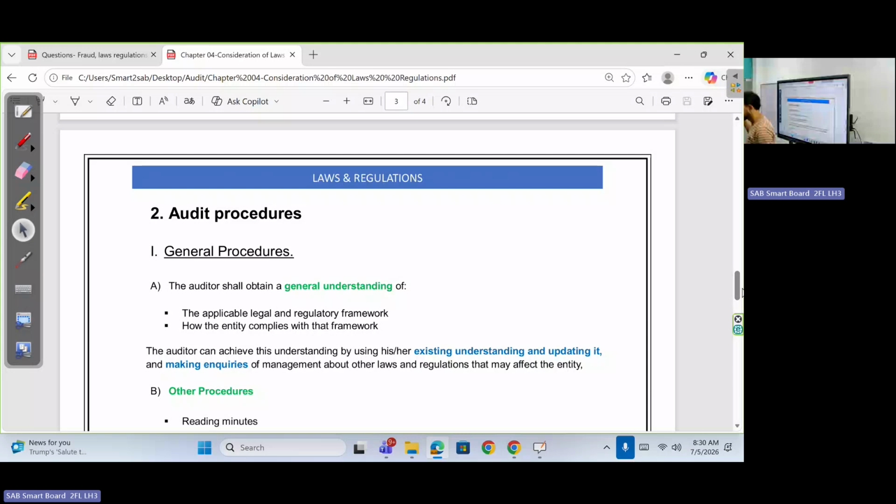If it goes wrong in relation to those areas, those non-compliances affect the financial statements directly. Other non-compliance will not directly affect the financial statement, but has an indirect effect, as you can see with the regulations.